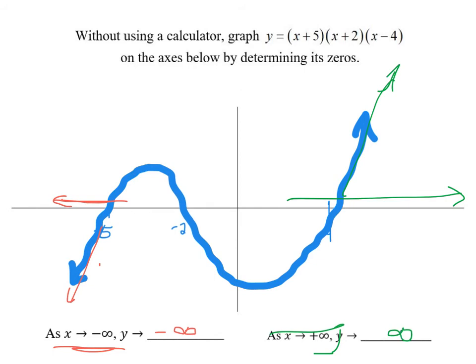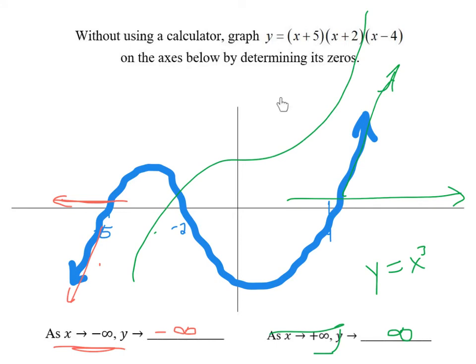And remember, for these two lines, all we had to do was pay attention to the leading term, thinking about what the graph of y equals x cubed looks like, and that's what this curve's graph is going to look like. It's generally going to be going up as we head to the right and going down as we head to the left.